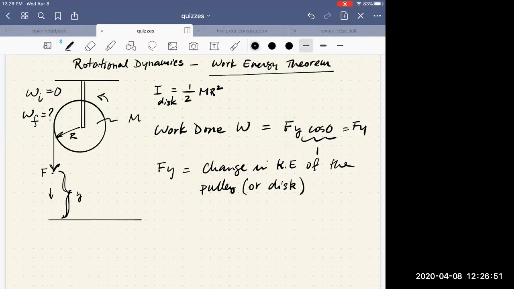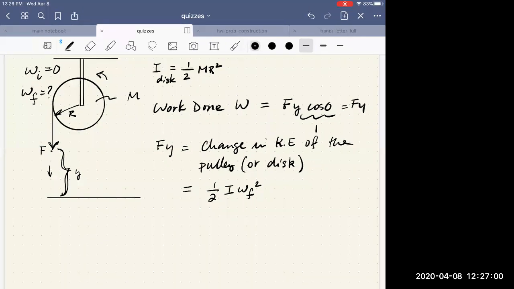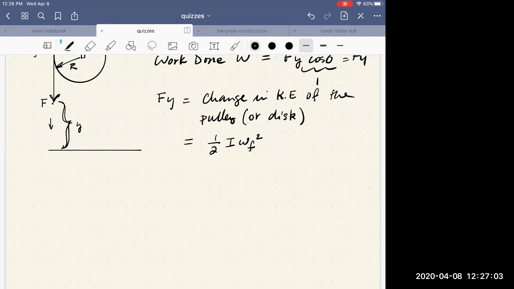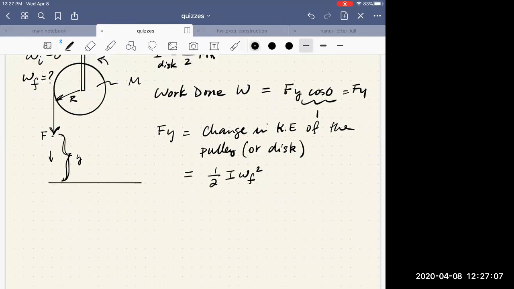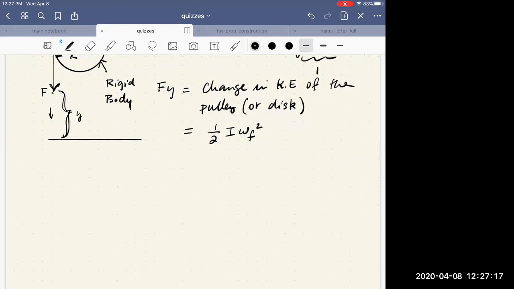So from work energy theorem, we know then that the change in kinetic energy will simply be 1/2 I omega final squared. So let's be a little careful here. You are talking about energy from rotation of a rigid body. This is your rigid body here. And the equivalent of mass in rotating solid objects is moment of inertia.